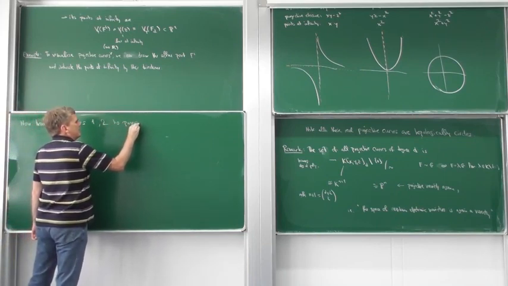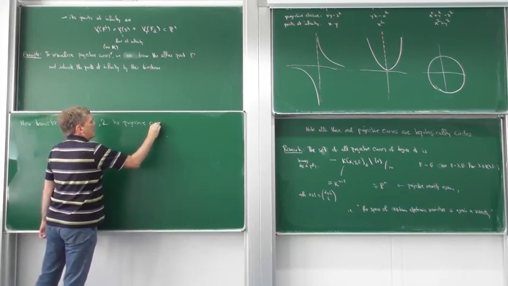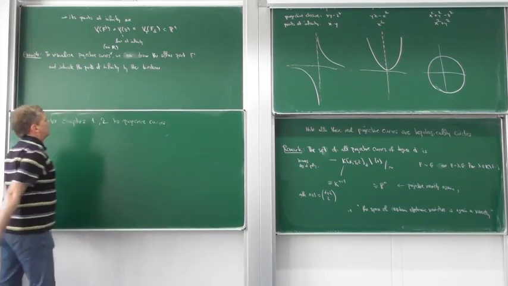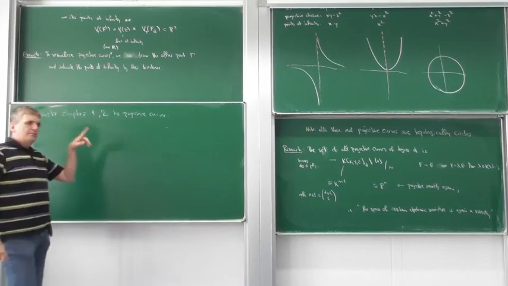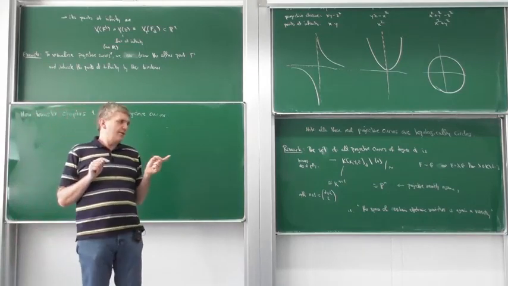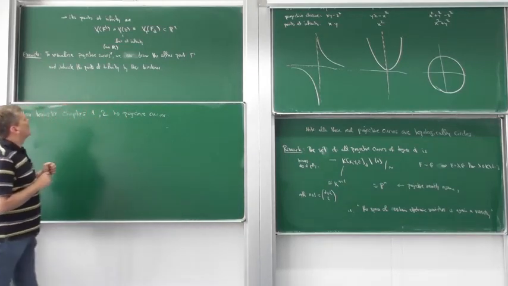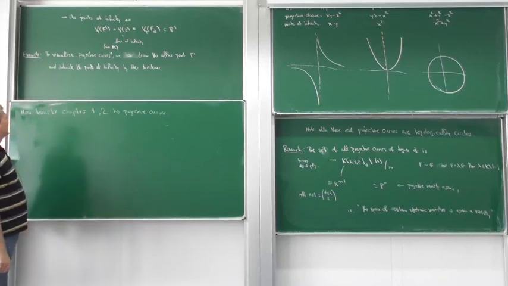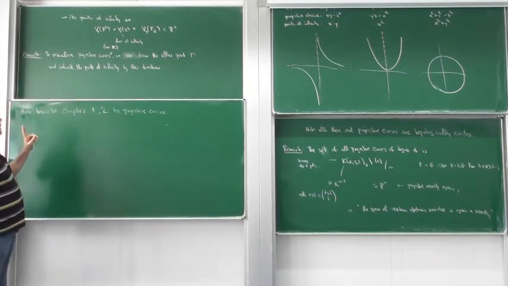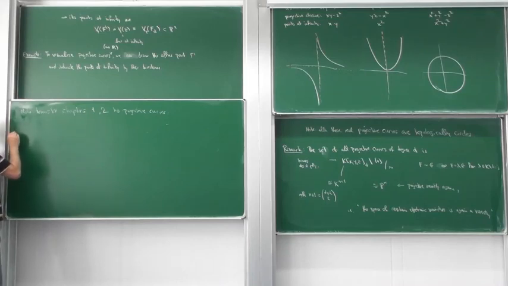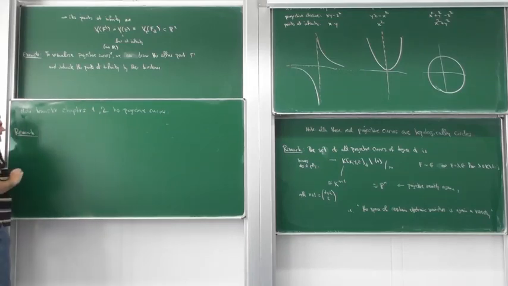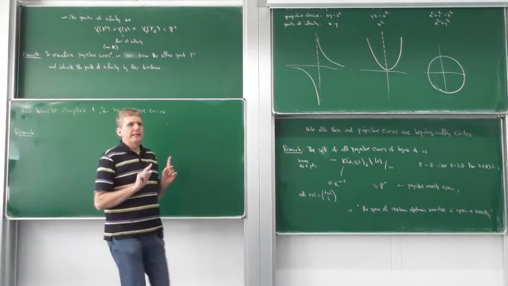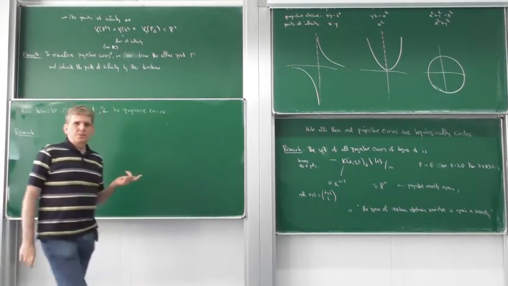In chapter 1 there wasn't even that much, but chapter 2 contains all that stuff about multiplicities, intersection multiplicities, and multiplicities of points on curves, and there we should say something about it. As for chapter 1, let me just say it as a remark.